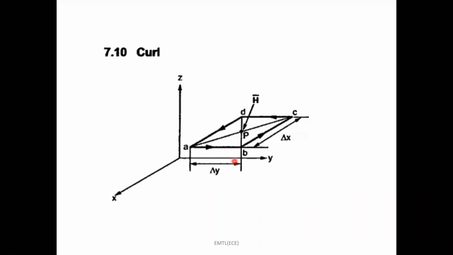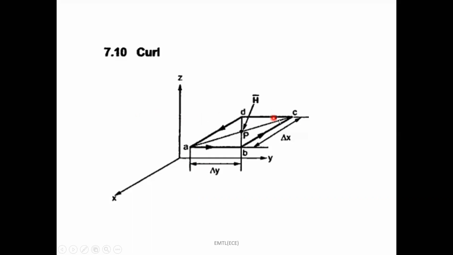Then on the negative side, this is the positive y direction, and this is the negative direction. As you observe, the direction from A to B is a positive y direction. When you observe this figure, the direction of the current moves towards the negative side of the y direction.